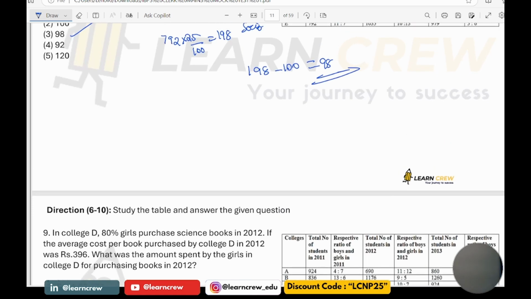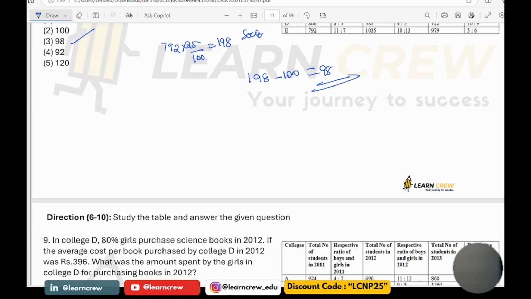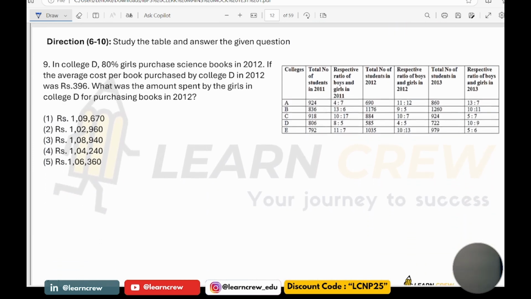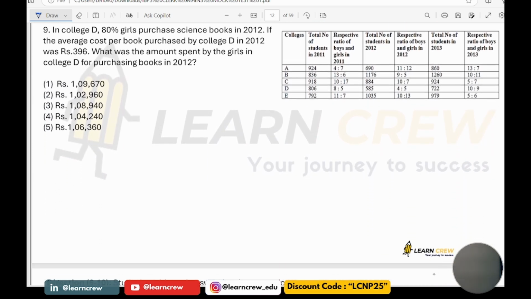Now next, in college D, 80% of girls purchased science books in 2012. If the average cost per book purchased by college D in 2012 was 396 rupees, what was the amount spent by the girls in college D for purchasing books in 2012?